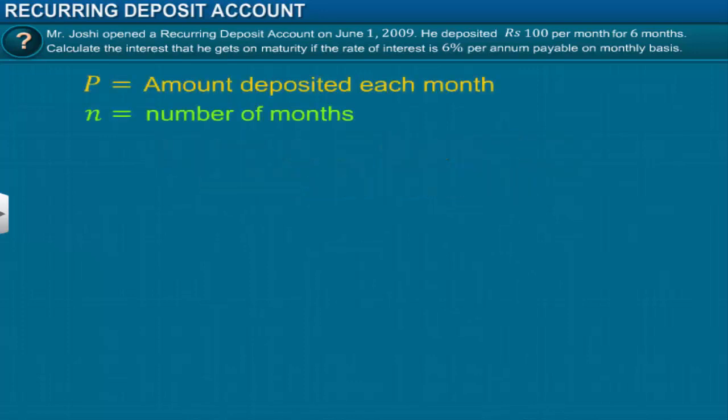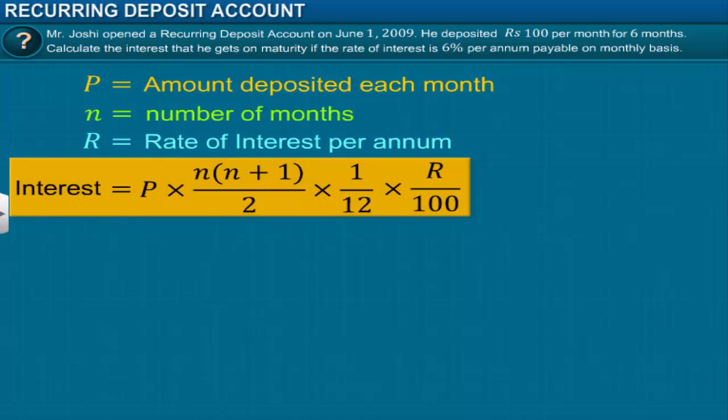If amount P is deposited for n months at the rate of R% per annum, then the formula to calculate the interest is as shown here. Using this formula, the interest on a recurring deposit account can be calculated very easily. Let us use this formula to calculate the interest that Mr. Joshi gets at the time of maturity on his deposits.